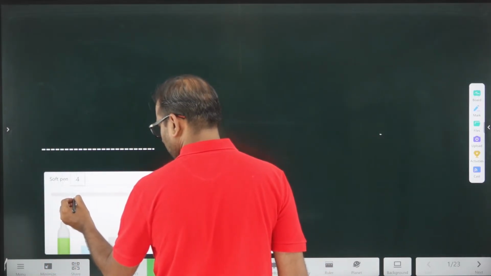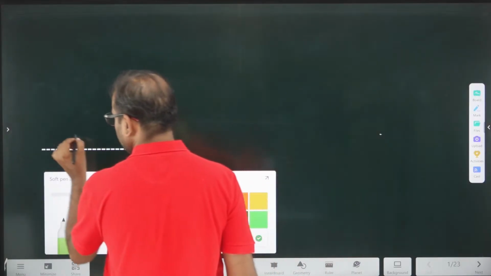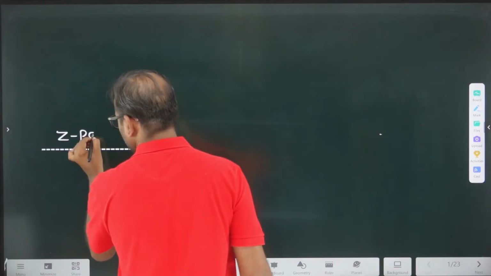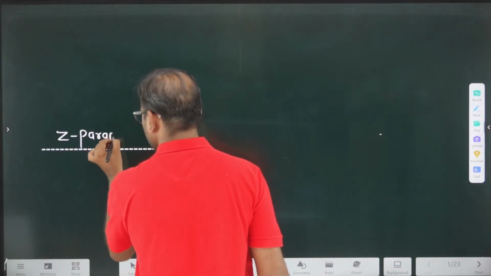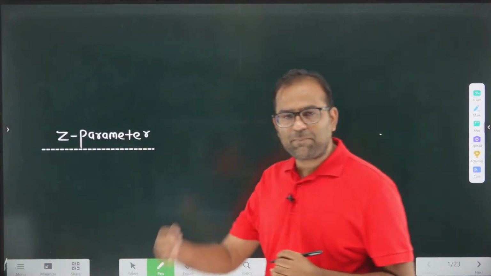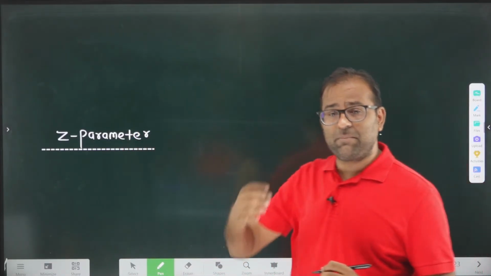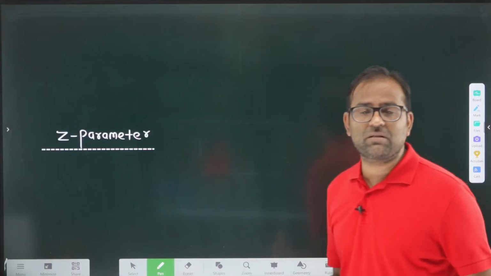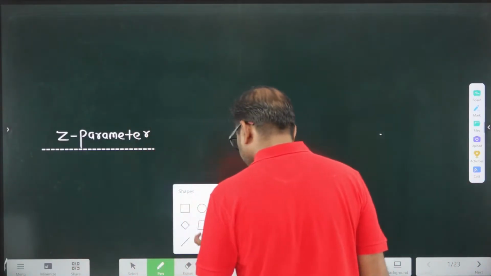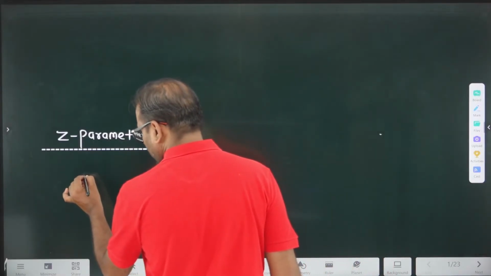The agenda is to learn about Z parameters. Z parameters are also known as open circuit parameters because you calculate the impedances by making I1 and I2 equal to 0.